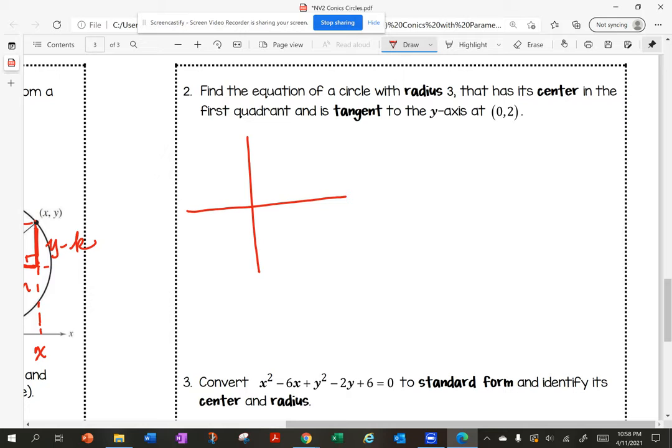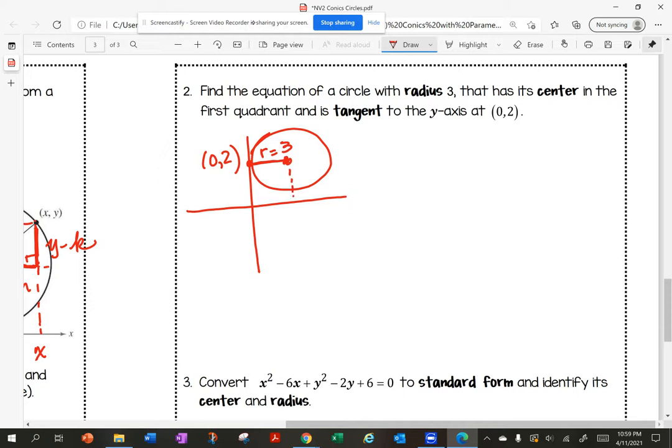So at (0, -2), I'm going to touch the circle here. And then I'm going to just kind of sketch in my circle. So here, and then I have my radius of 3. So I'm going to draw on a radius of 3.